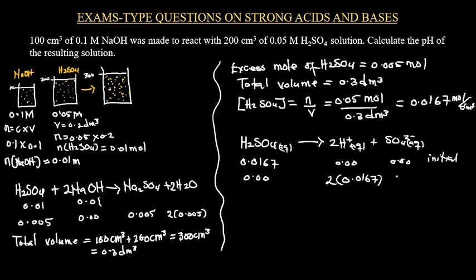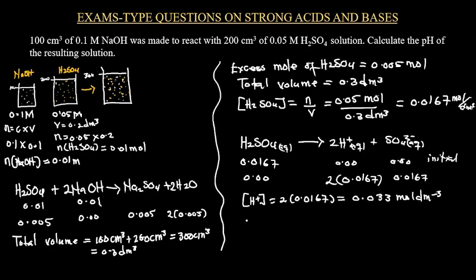Okay, and then we're going to have 0.0167 for the sulfate anion. Now from here we can tell that the concentration of H plus is going to be 2 times 0.0167. Okay, and that is going to be equal to what? 0.033 molar or mole per dm cube, right?